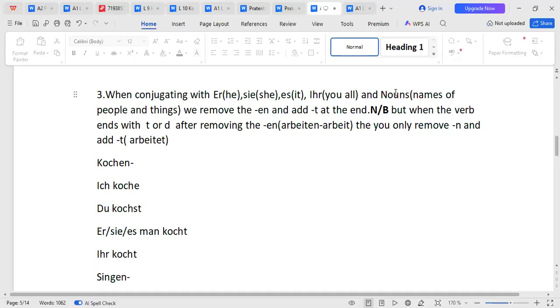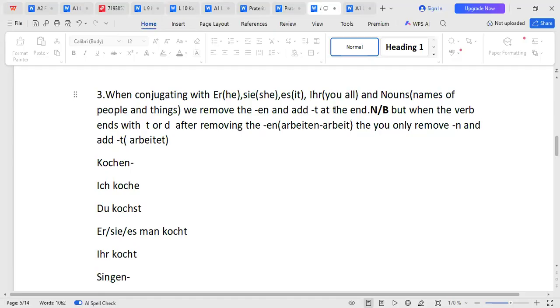So if you're conjugating with the third persons, er, sie, es, man, ihr, which is you all, and names of people, places and things, we remove the en ending and add a t.